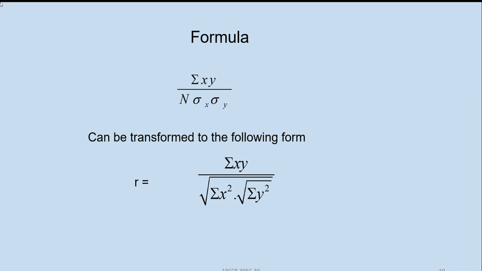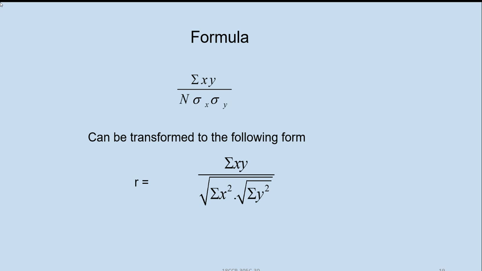Here small x is equal to x minus x bar, and small y is equal to y minus y bar. Now what we are doing in this formula is taking the deviations. First of all, we calculate the mean for the given series, mean for x and mean for y.